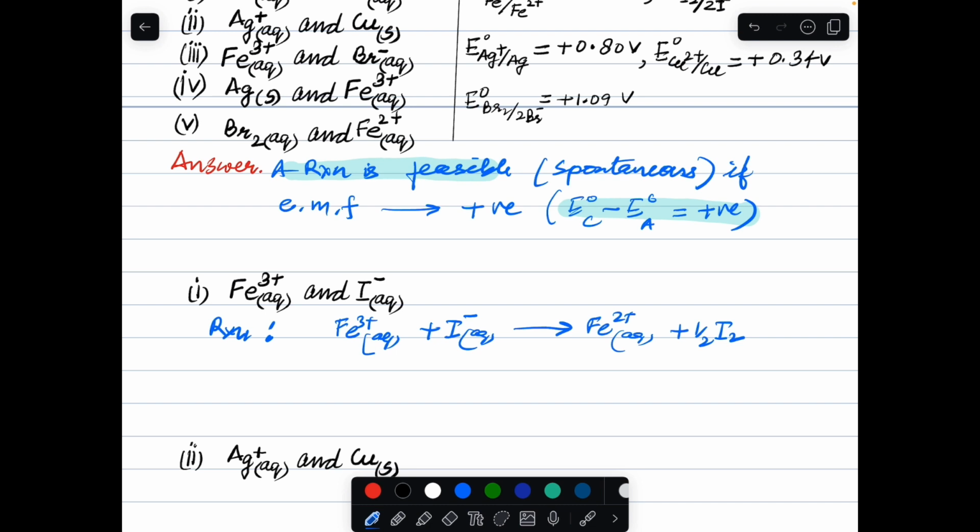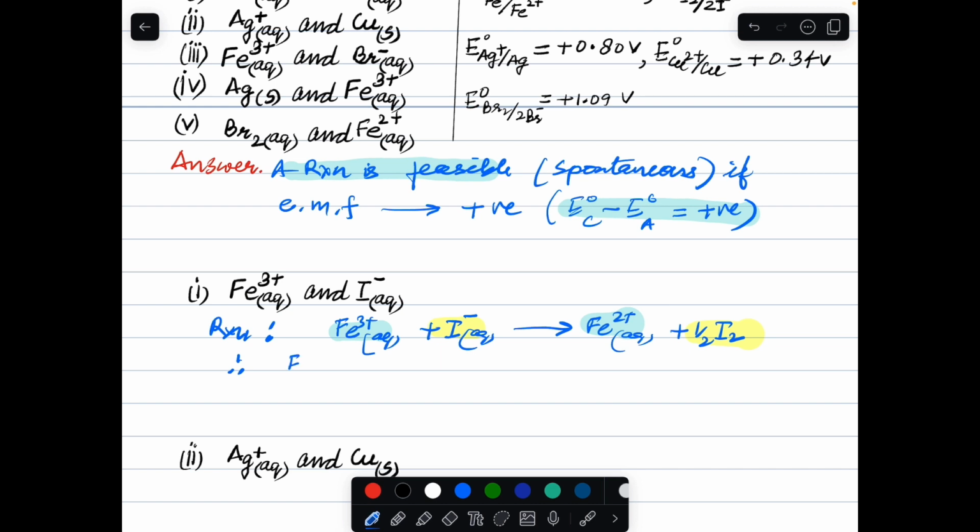So when we check, from Fe3+ to Fe2+, this process is reduction, and this one, that is I- to I2, is oxidation. Therefore we will calculate E cell according to this.